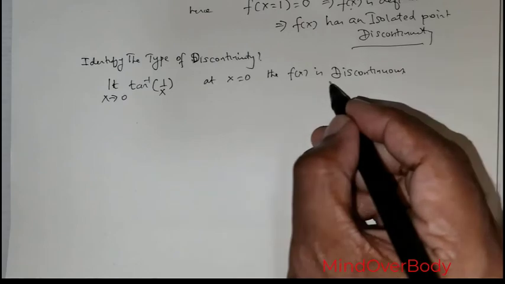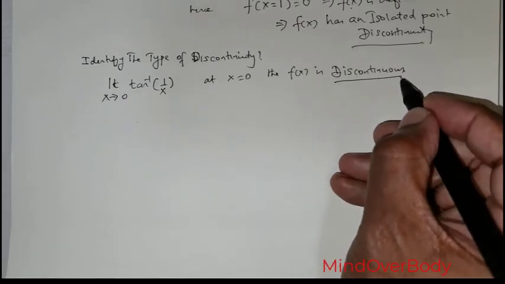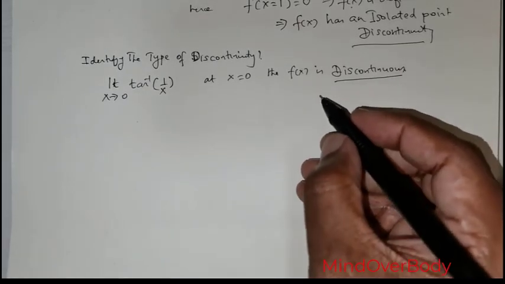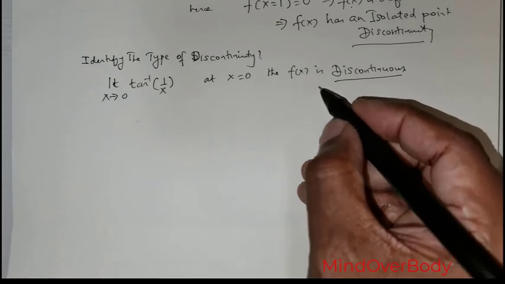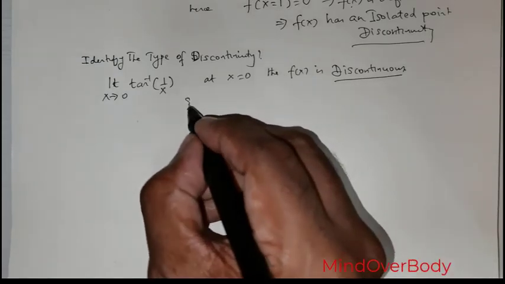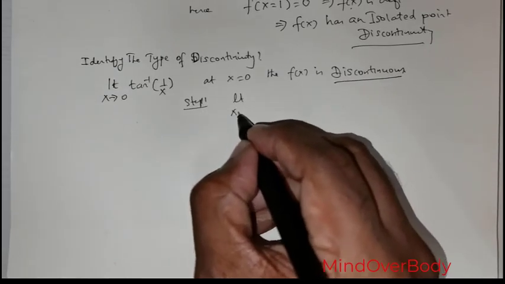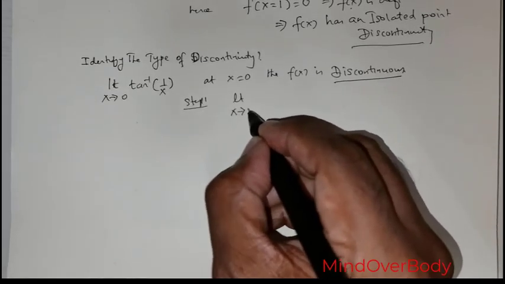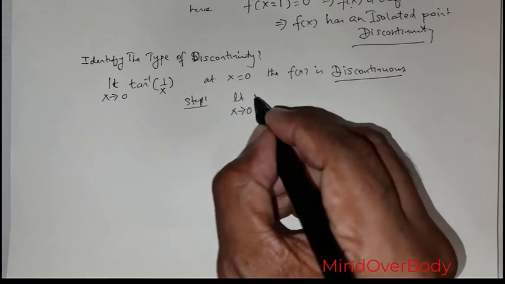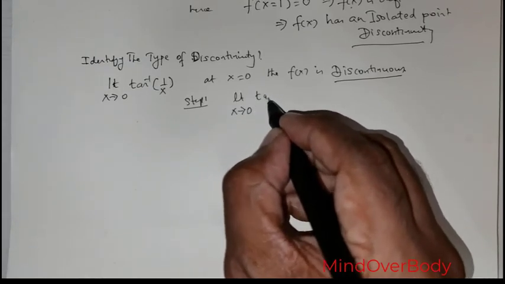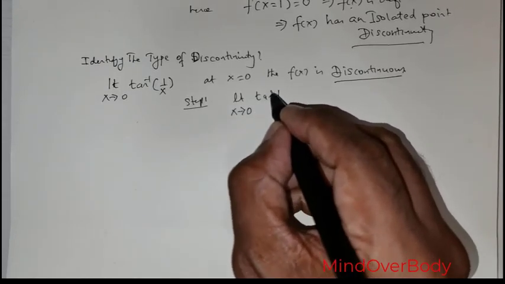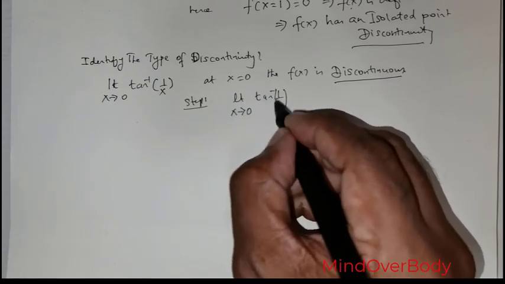Now once we find out the function to be discontinuous, we will have to find out what type of discontinuity the function has. So for that, the step 1 is to find out limit x tending to 0 of tan inverse of 1 over x.